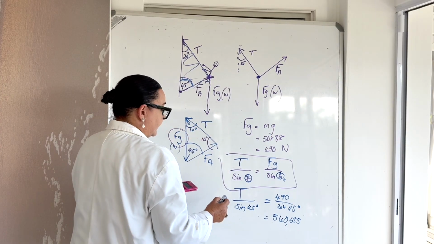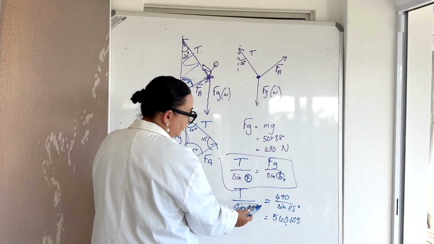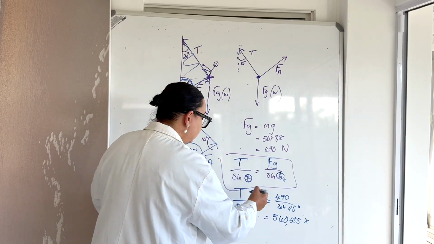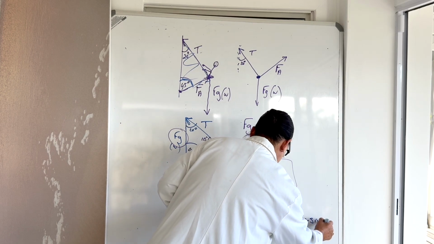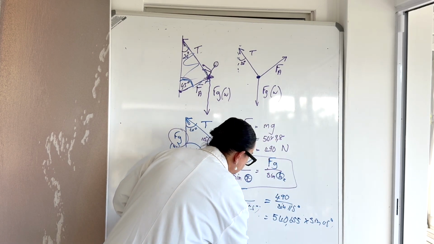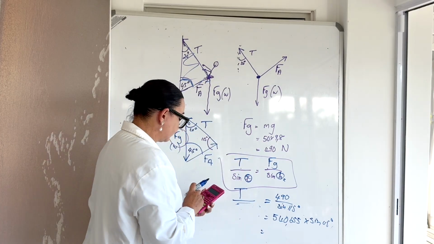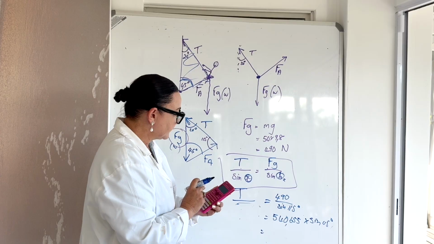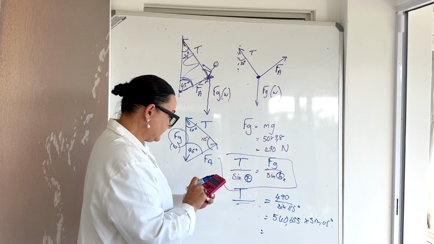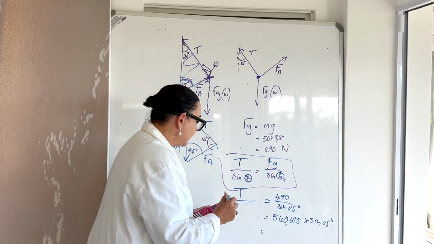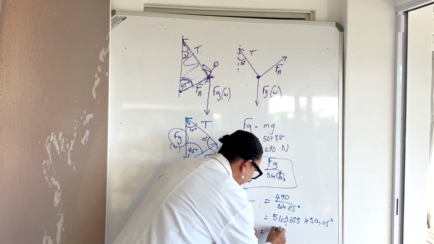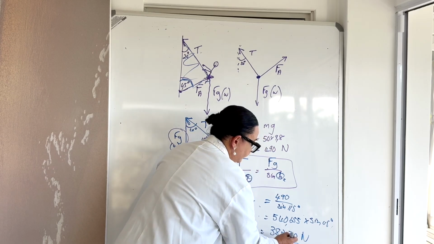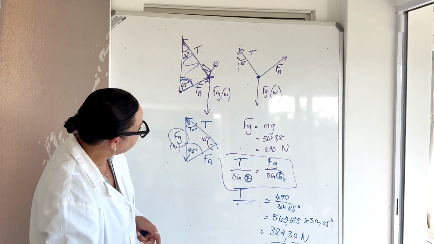Now what do I do with this when it's divided on this side? I'm going to take it over and multiply times sine of 45 degrees. So I've got that on my calculator times sine of 45 degrees, and the tension in the cable is going to be 382.30 Newton. And there is my answer.